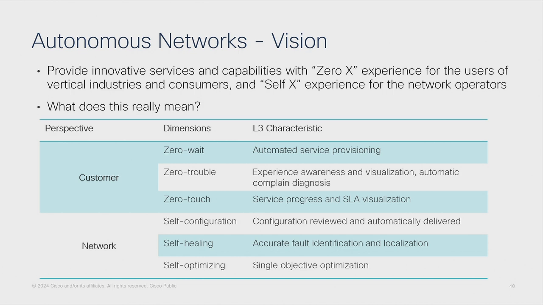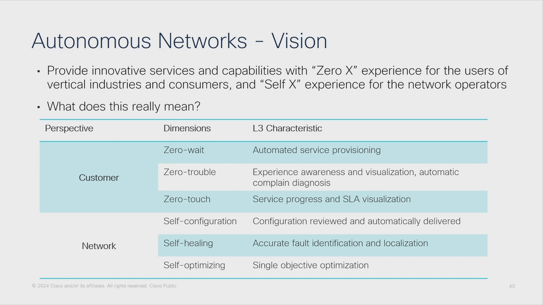So when it comes to the customer, we are referring to zero wait, zero trouble, zero touch. What does it mean? With zero wait, we are referring to automated service provisioning as of today. With zero trouble, we are referring to the experience and the awareness that the customer has of the network, including faults, complaints, and so on.